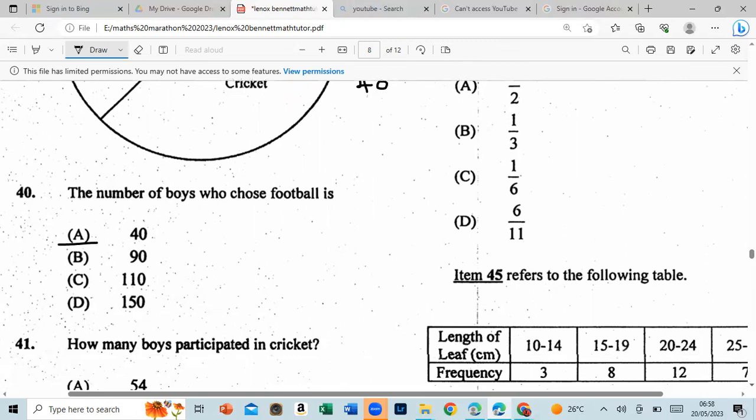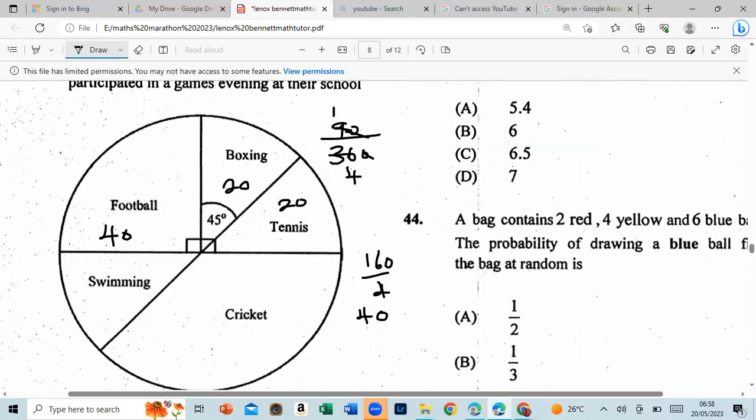And now they ask, how many boys participated in cricket? So basically, cricket is 2 times swimming. All of these are 80, because you have a semicircle here.